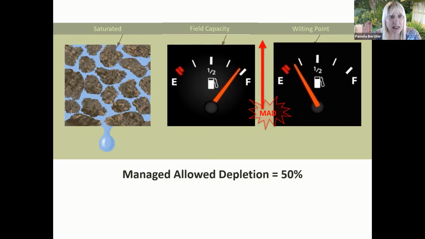When 50% of the plant available water is gone, we will allow 50% of the water to be depleted. 50% is our managed allowed depletion percentage. We will fill up that reservoir again with water. So managed allowed depletion for the industry standard in irrigation is 50%.